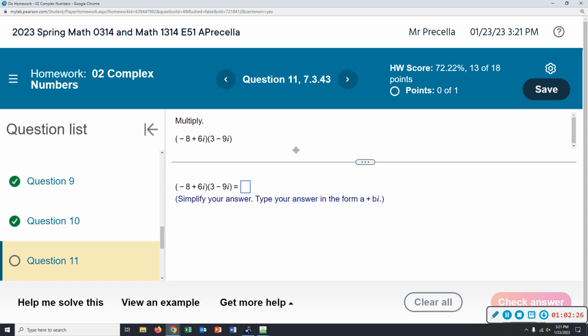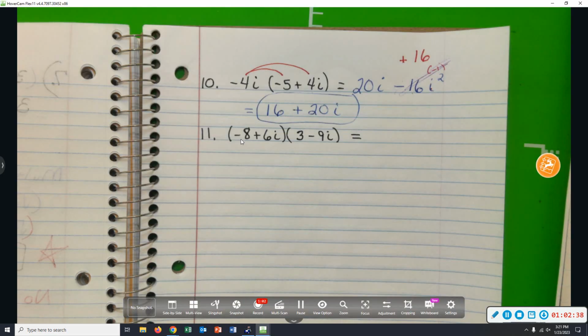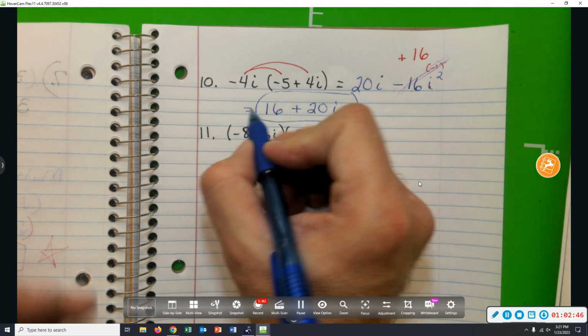Negative 8 plus 6i, and 3 minus 9i. Negative 8 plus 6i times 3 minus 9i. Am I going to have to FOIL this one? Yeah, it's binomial times binomial. So, let's get started.